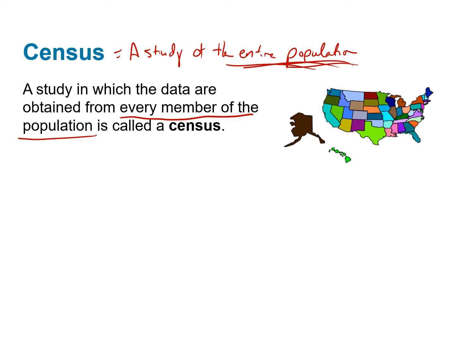Now, censuses are rare. In the United States, for example, we only do a census once every 10 years. Censuses are very rare for good reason. Most of the time, they are very costly because populations are huge, and it's very time consuming and difficult to ensure that you're getting the data from everybody. So a census, you're gathering data on the entire population. That's a census.